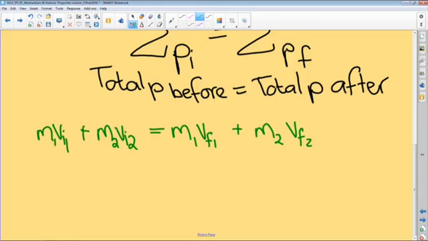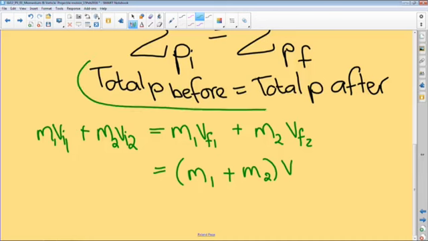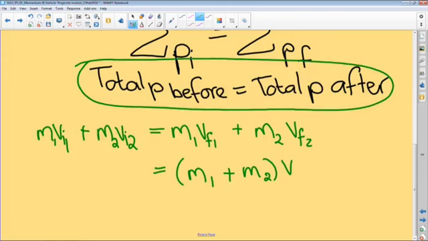If the two objects were separate, come together, collide, and stay together, which often happens in car crashes, then I can actually add the two masses together because the velocities are the same, so I don't need to worry about it. That's actually the equation.